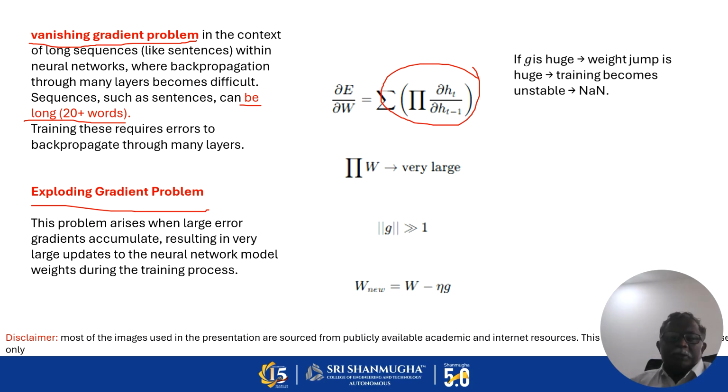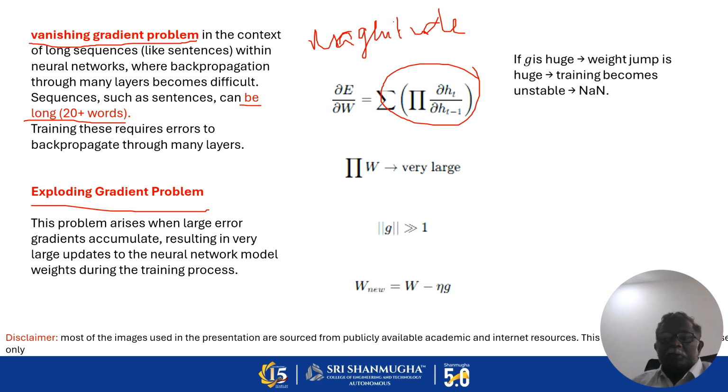These gradient problems do not depend on direction; they are all magnitude based. As we have seen in earlier lectures, learning tries to reduce the error by moving in the direction opposite to the gradient.